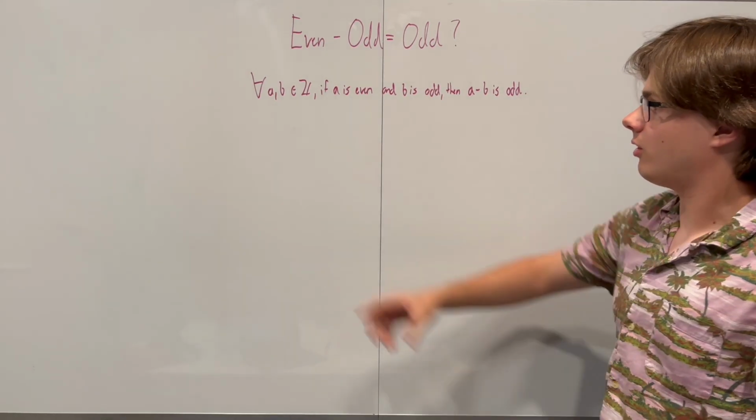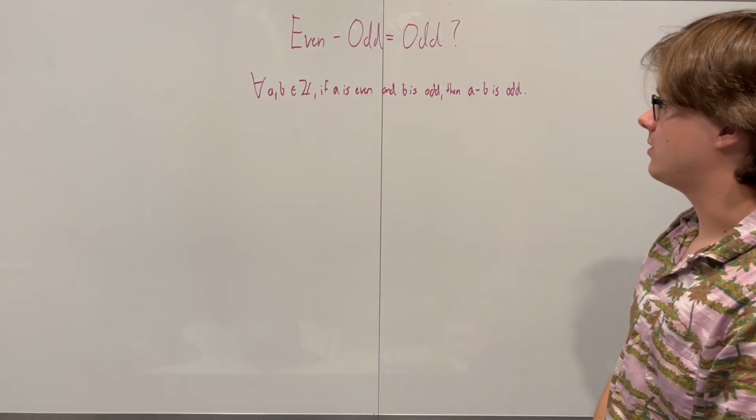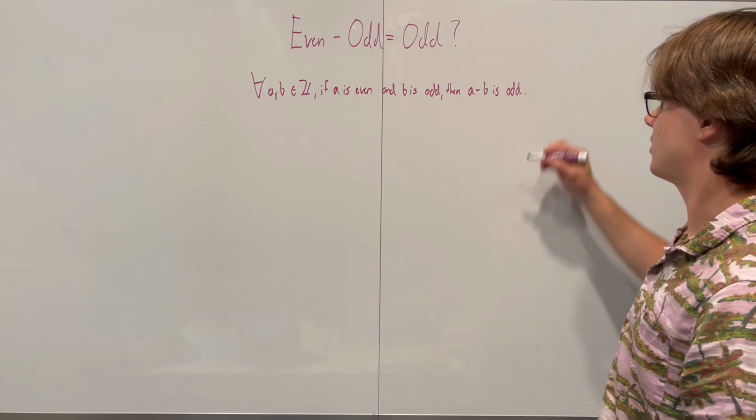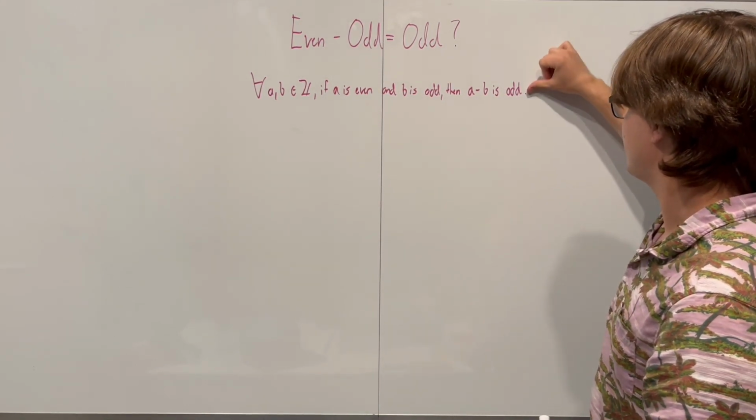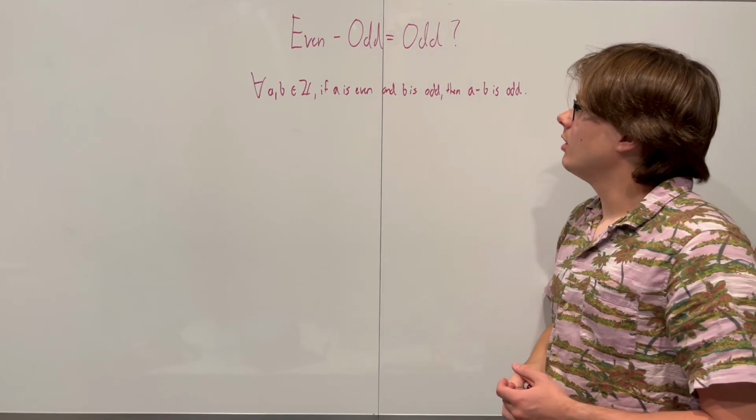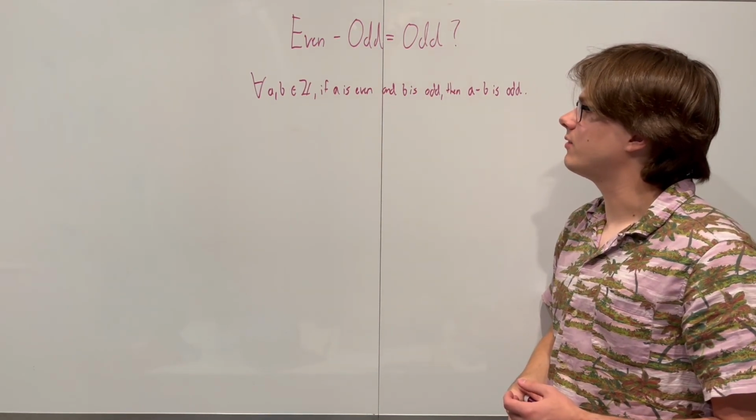For all integers A and B, if A is even and B is odd, then A minus B is odd. Is this statement true? We think so. We've seen some examples. I can't really think of any where the difference would be even.